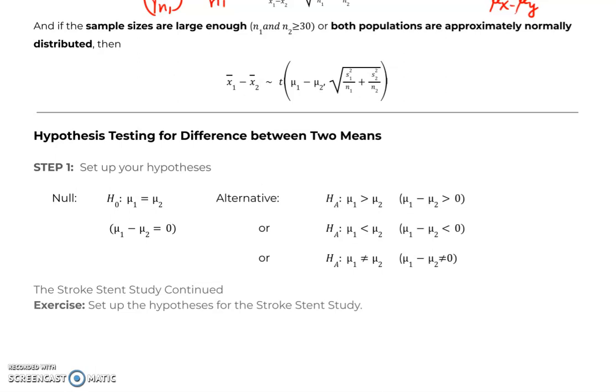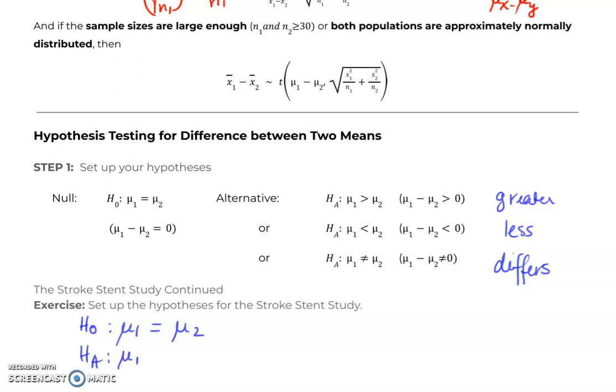So we look for keywords like greater, less than, or differs within our context of our data. So in our context, we wanted to know if our treatment group, which was mu1, had a lower mean disability score than our control group over here, mu2.